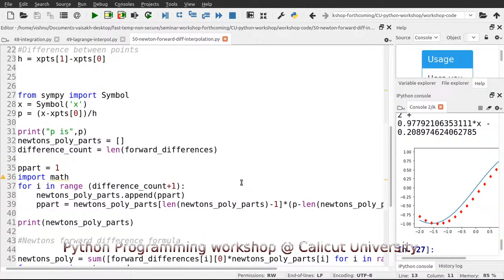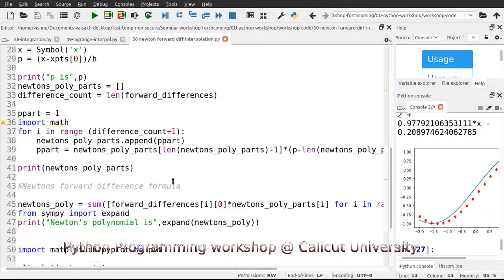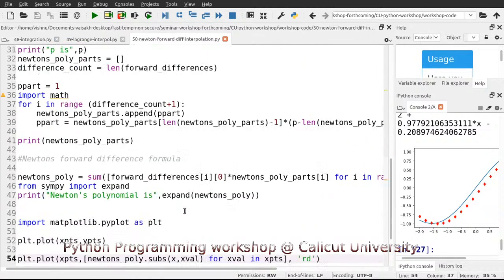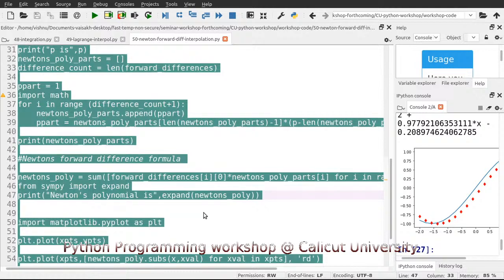Not perfect, but reasonable. Let me update the entire thing in the Google Sheet once so that you can have a look at that.